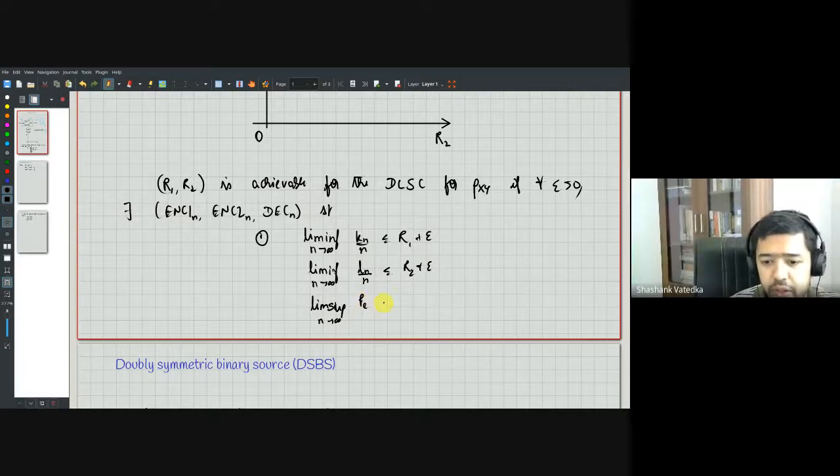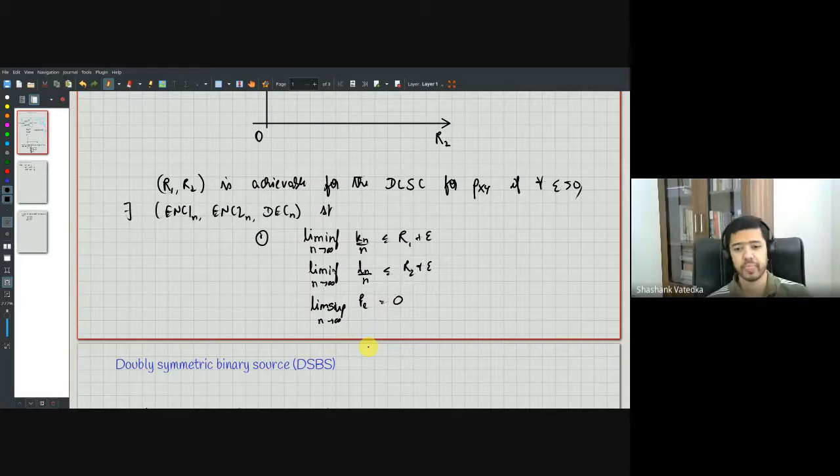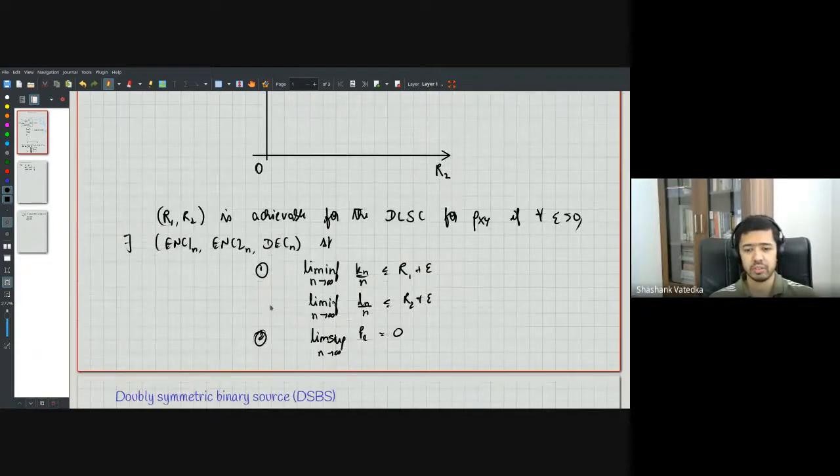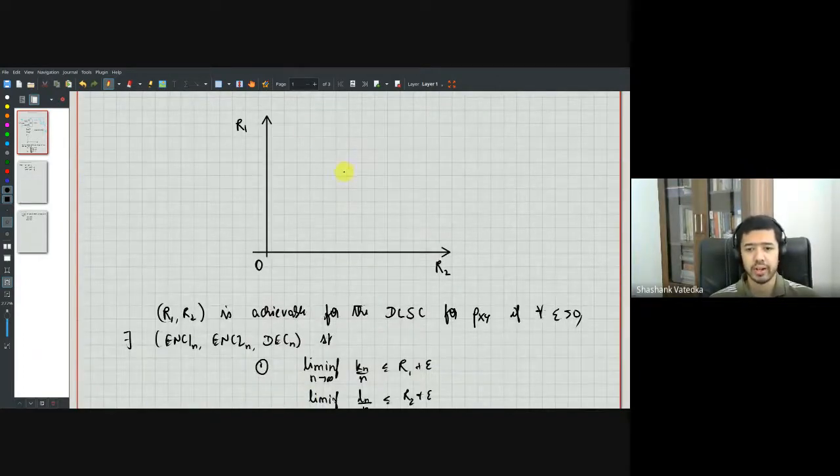The probability of error should be asymptotically equal to 0. These are the requirements, and we'll say that a rate pair is achievable if this happens.